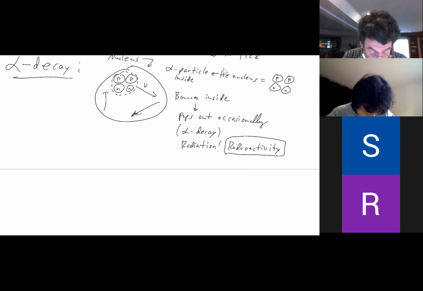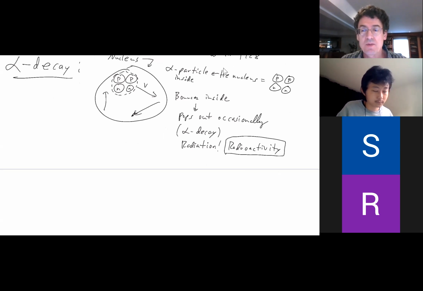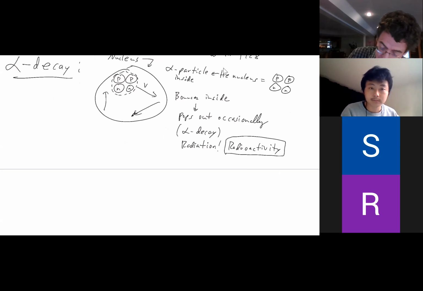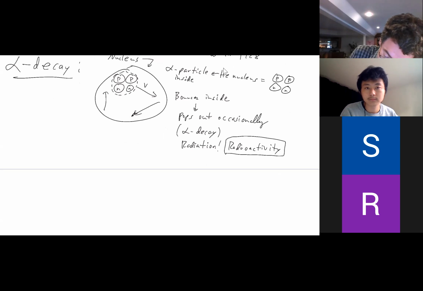And so what the old folks noticed, like 100 years ago, is that alpha decay can be described by a lifetime.